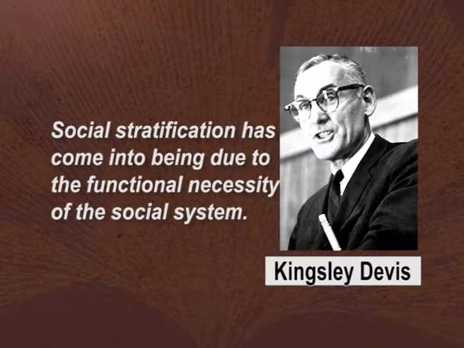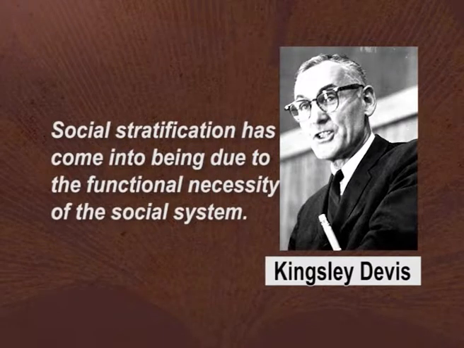After these definitions, it is time to know how social stratification originated. Regarding the origin of stratification, many views have been given. According to Davis, social stratification has come into being due to the functional necessity of the social system.